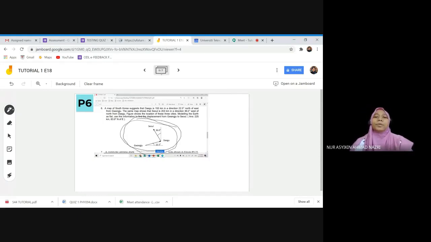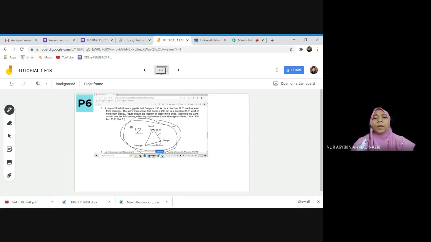Okay, so you just need to find displacement from Guangzhou to Seoul. Memang dah direct sangat soalan ni. Guangzhou to Seoul, which is the resultant of the two vector.